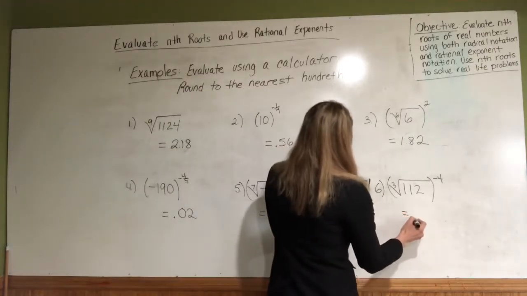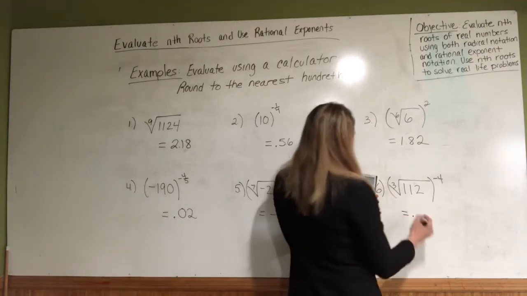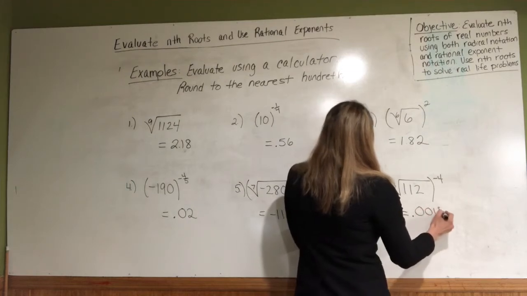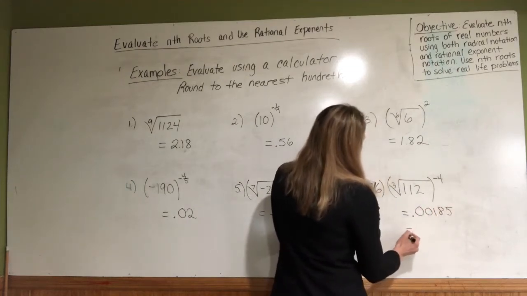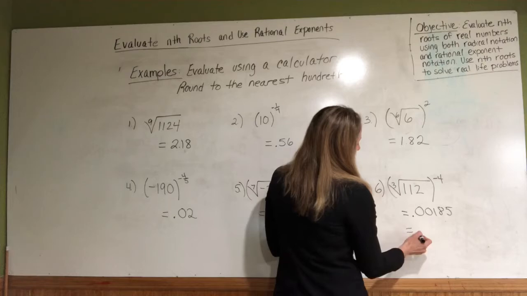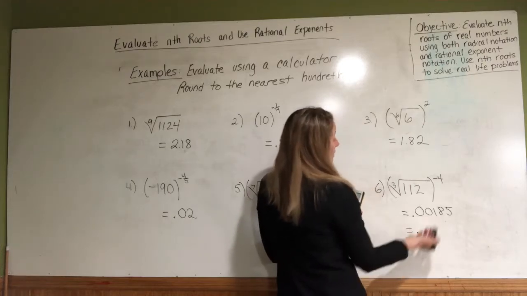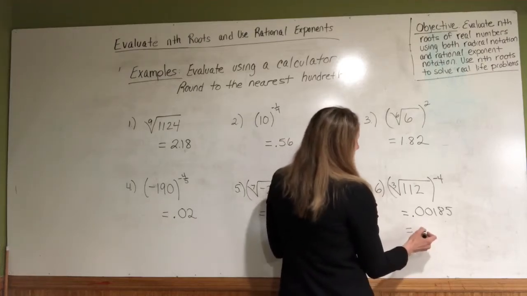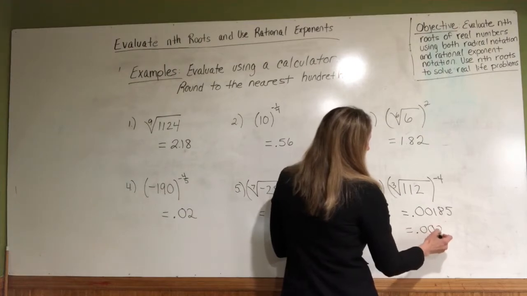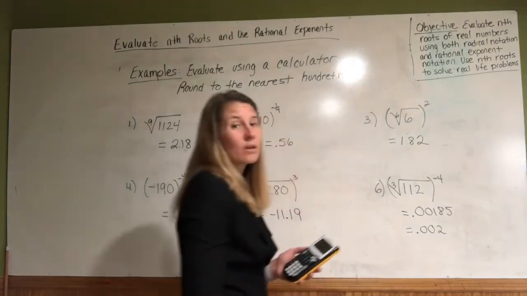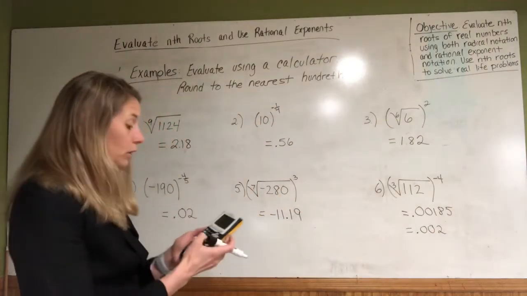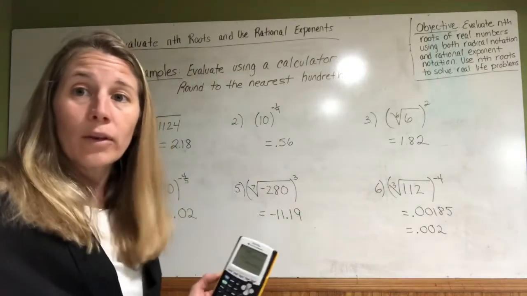And this would be 0.0018, and so on. So if I want to do that to the nearest hundredth, it's a little bit tricky because there's 2 zeros and then a 1. So if you just want to carry that out to like maybe the 3rd number there, since you can't really round it to the hundredth. And that's how you're doing them on the calculator.